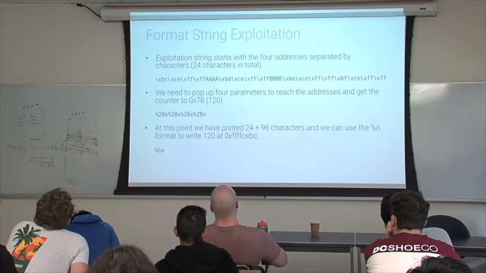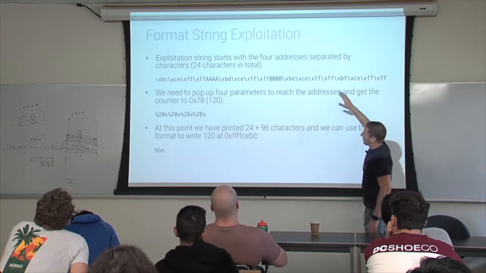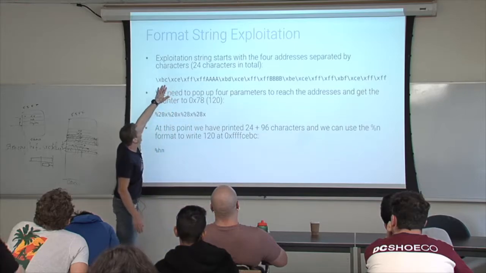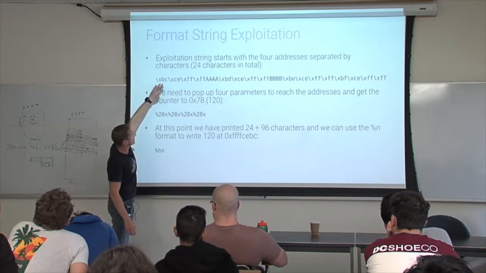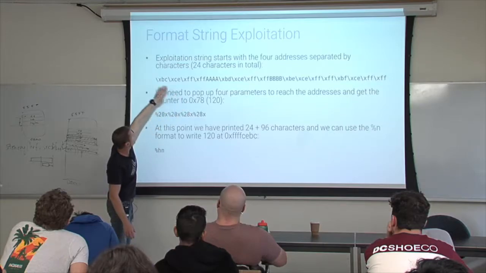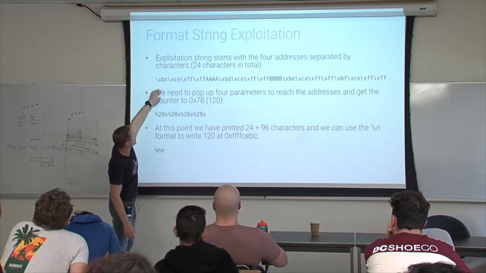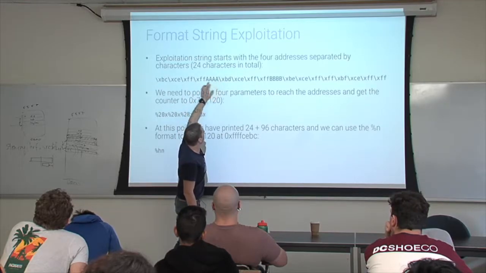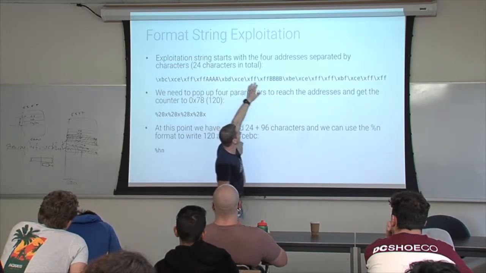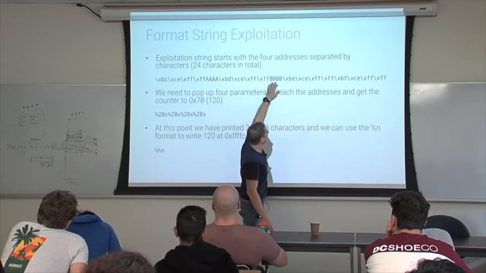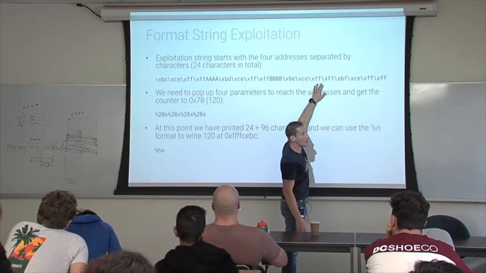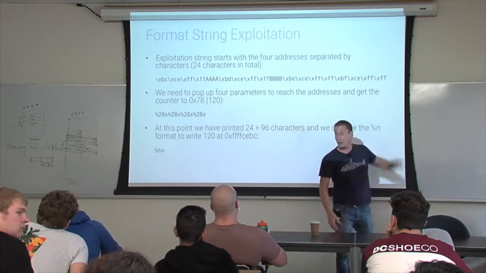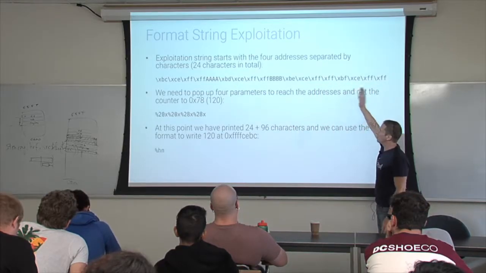So we will start the string with 4 addresses separated by characters. We'll have an address, some stuff that we don't care about, another address, some stuff I don't care about, another address. And since we don't have to change FF, we have the same address again. We don't have to have anything between the 2.